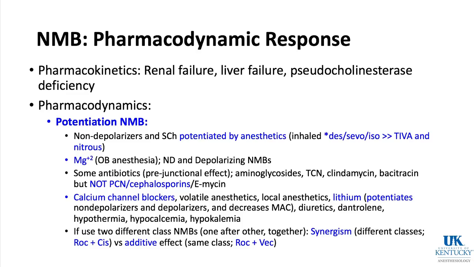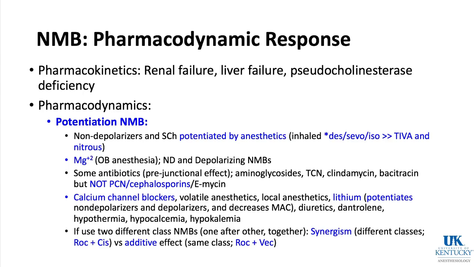TIVA anesthetic and nitrous don't have that effect. So if you have a volatile anesthetic and rocuronium being administered, for example, versus a TIVA anesthetic with rocuronium, you're going to use more rocuronium to keep the same level of neuromuscular blockade in that TIVA patient than you are in the desflurane, sevoflurane, or isoflurane patient.